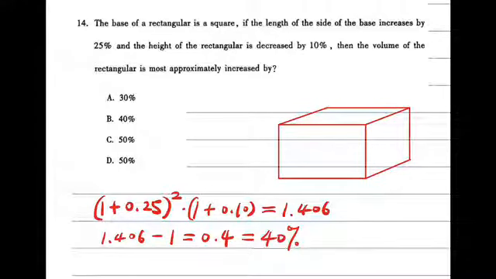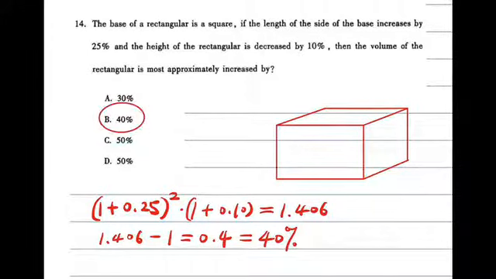The equation would be 1.25 squared times 0.9 equals 1.406. The question asks for the value increased by, so we just need to subtract 1 from 1.4. It is 0.4. The correct answer is B, 40%.